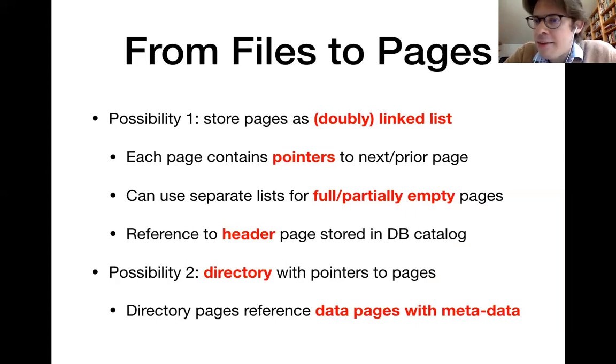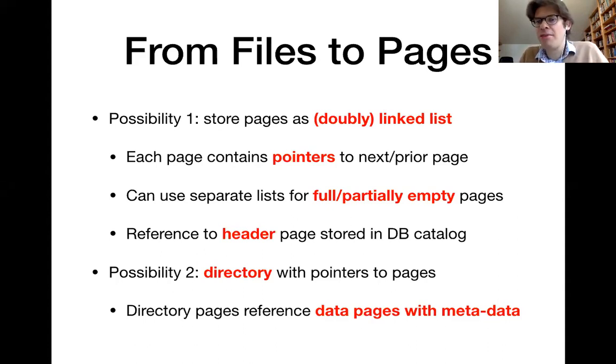Now, that's a first possibility. A second possibility is to rather store a directory, which essentially are pages again that store references to those data pages. So in the following, I'm going to illustrate those two possibilities.